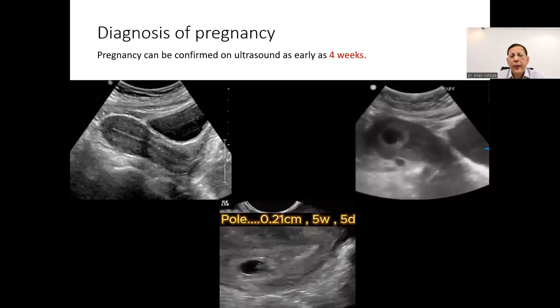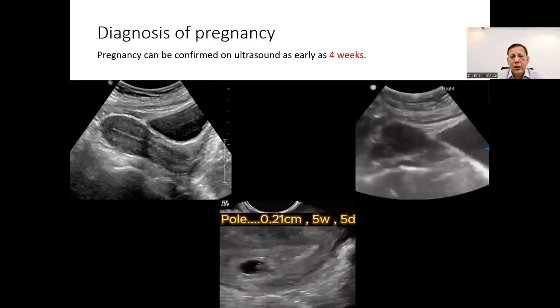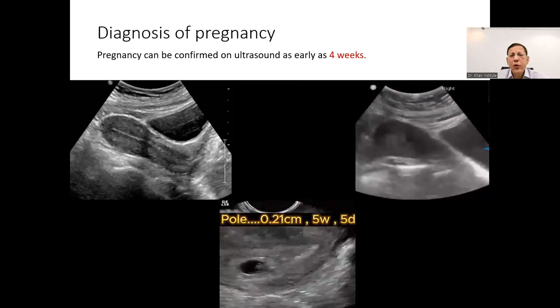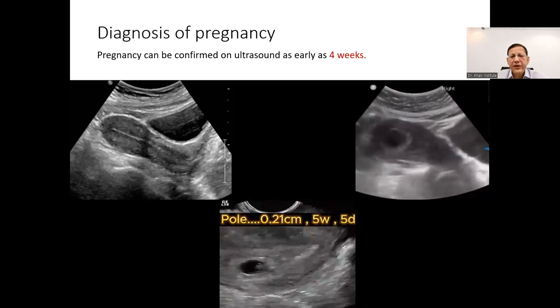Number two, what is the gestational age of the fetus, meaning is it 4 weeks, 5 weeks, 6 weeks, 7 weeks. Number three, do you see the embryo, meaning the fetus? If you see the fetus, do you see the fetal heart motion within the embryo?